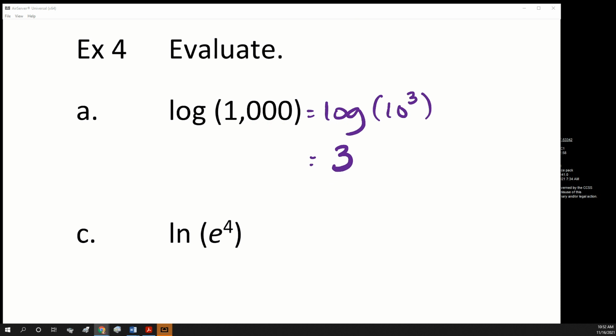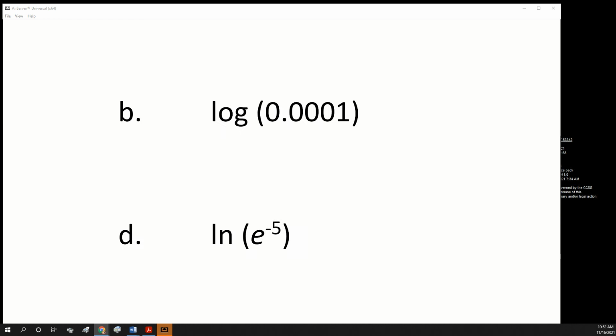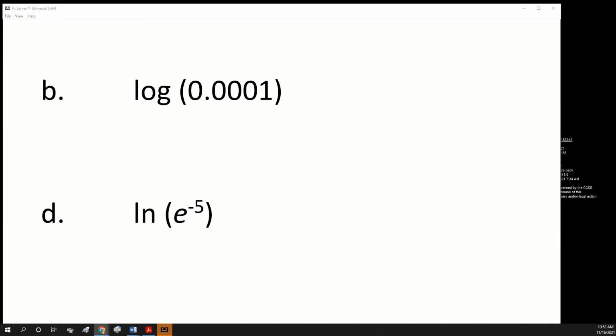All right, now the next question is different. The zeros are in front of the 1. So if I wanted to rewrite this decimal as 10 to some power, what would that power be? -3.